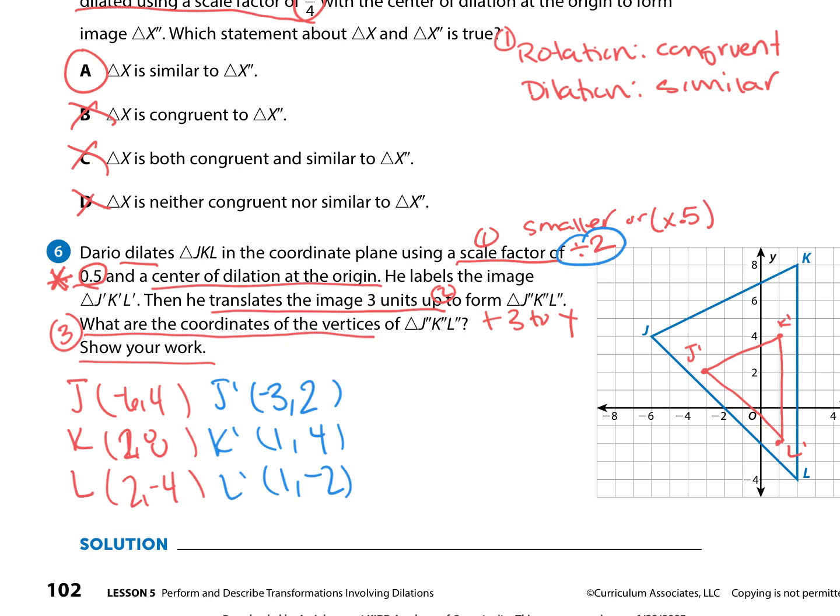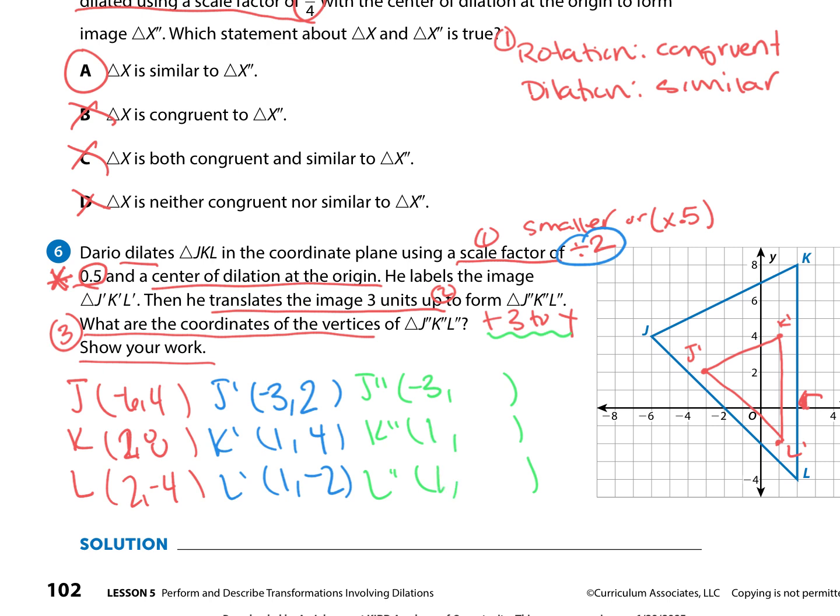So after the dilation, this is the new image. Now we're translating up 3. So you can do the picture first or the coordinates. I'm just going to go ahead and do the math first. So to get my double primes, I'm adding 3 to y, so the x's stay the same.